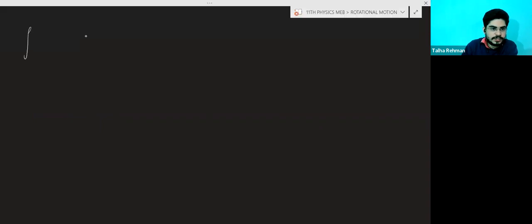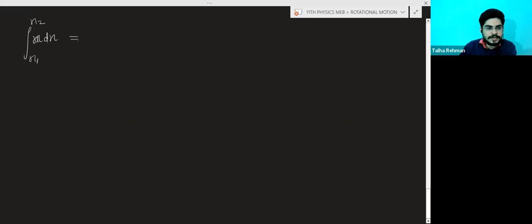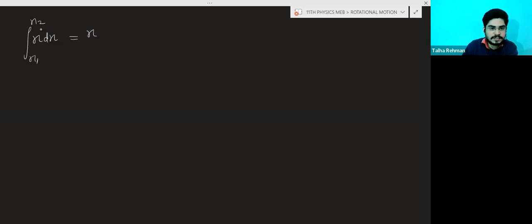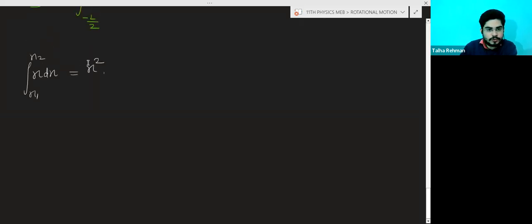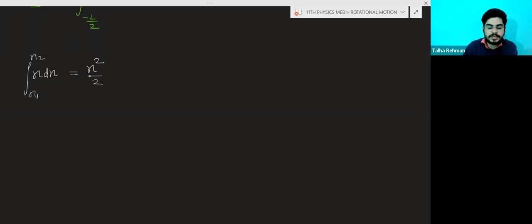Suppose it is written that here is x and here is dx, and here is limit x1 and here is limit x2. When you integrate this x into dx, here is x to the power 1. So you will write x square, and the power you are writing here, you will divide by the same power in the denominator like this.